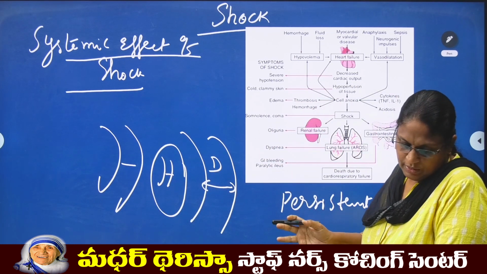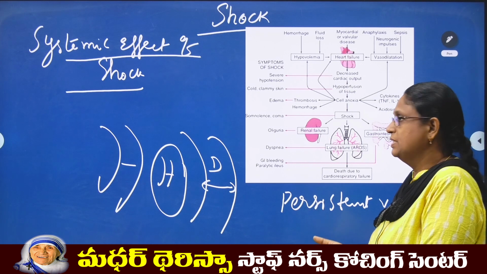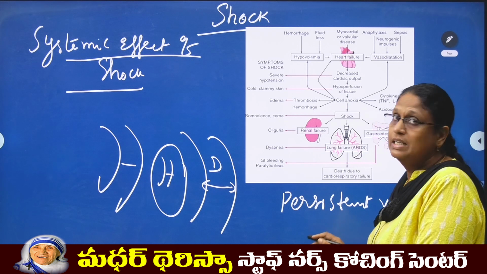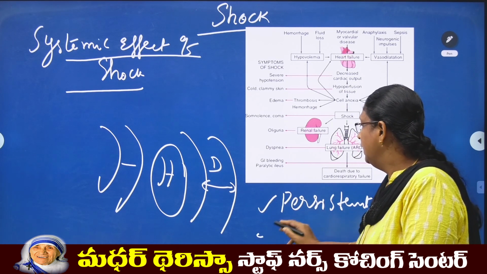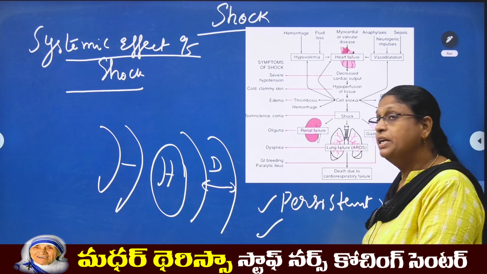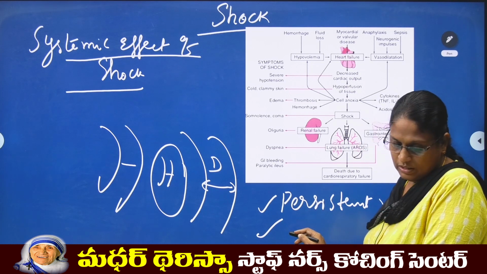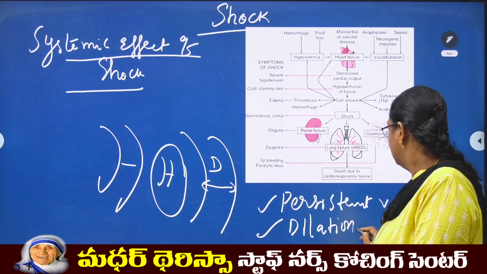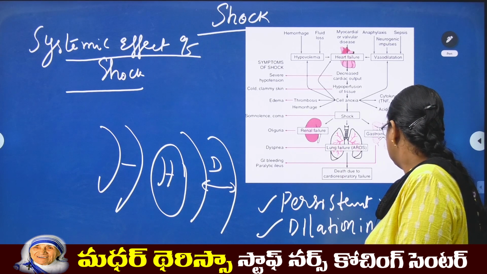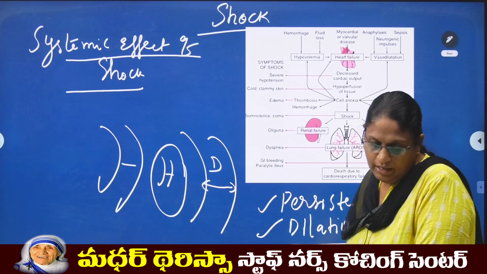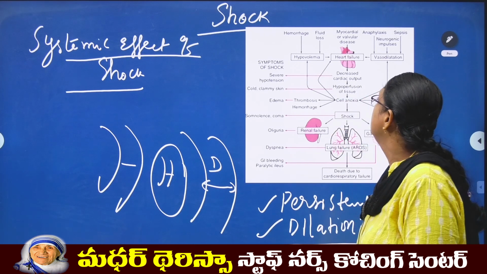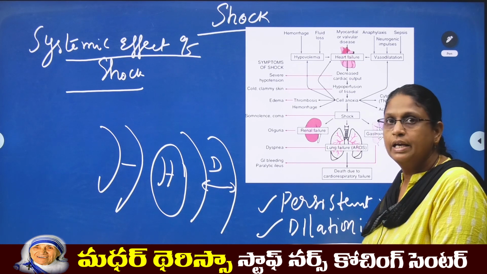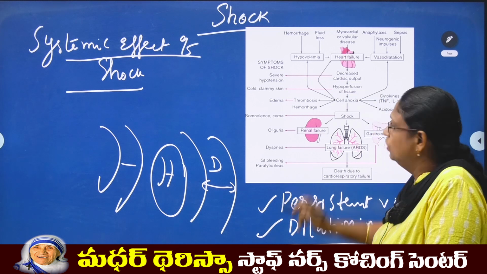In order to increase the blood pressure and circulatory volume, as a compensatory mechanism. Another thing is dilation in microcirculation, and there will be a decrease in venous return. So the venous blood return will be less, with decrease in cardiac output, right, this is what is noted.